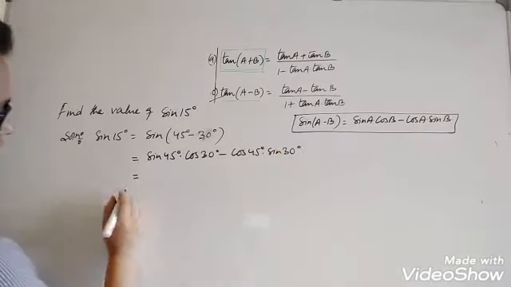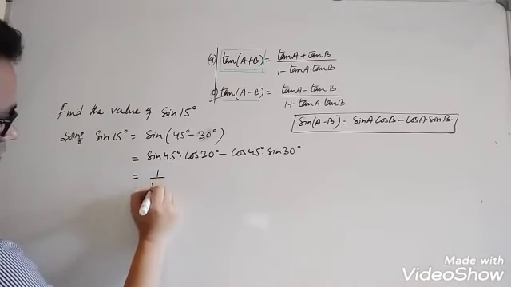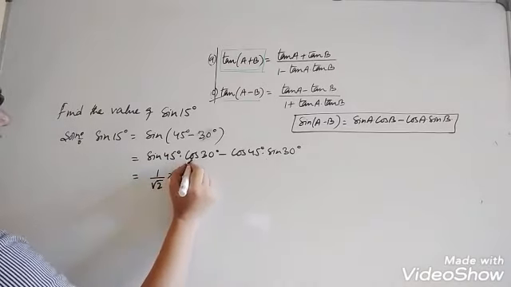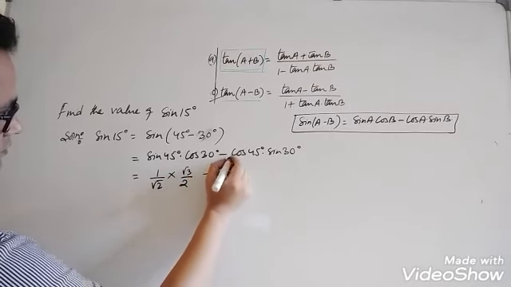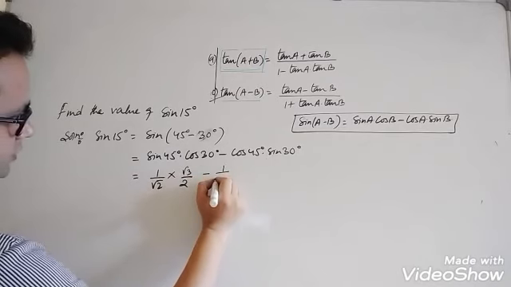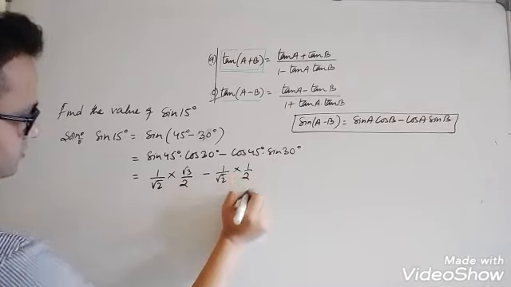So this equals, sin 45 is 1 by root 2 into cos 30 is root 3 by 2, minus cos 45 is 1 by root 2 into sin 30 is 1 by 2.